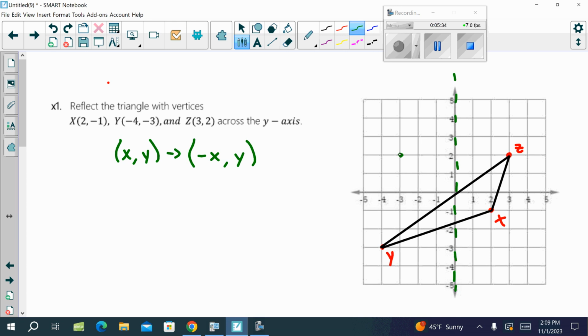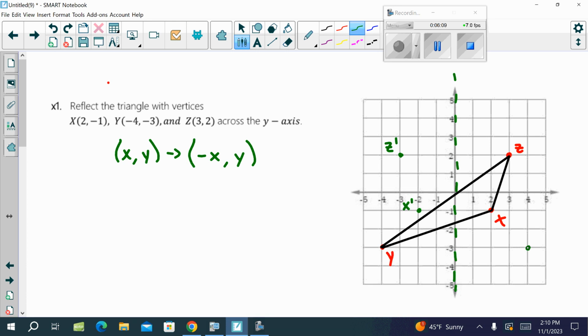Z is at 3, 2. You change the sign for x, so that'd be a -3. Y is 2. Exactly the same. So you can do it either way. So that's z prime. Okay, so x is 2 away. So we go 2 away on the other side. You can also do opposite of x is -2, -1. And then y is 4 away.